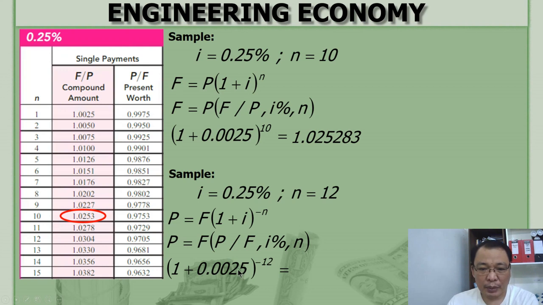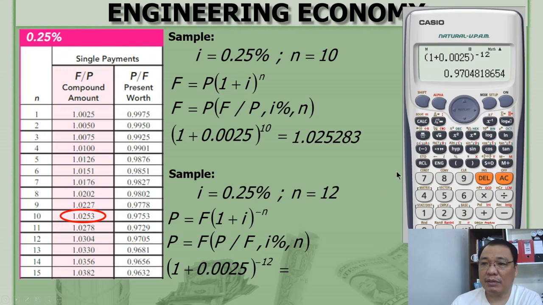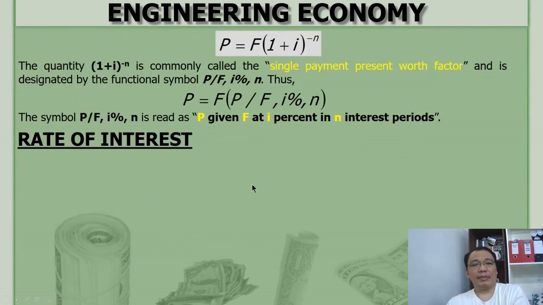Computing 1 plus 0.0025 raised to negative 12, using your calculator, what is the result? 0.97048, so it's 0.9704 rounded off. So, if you use the table, you can use it instead of manually computing the factor.